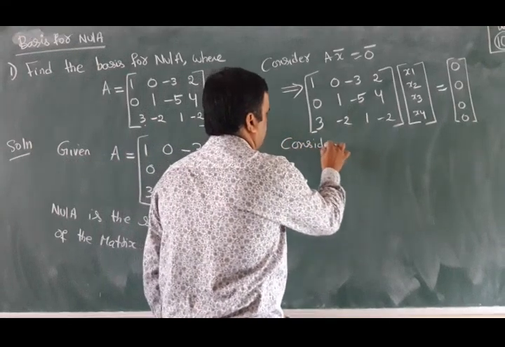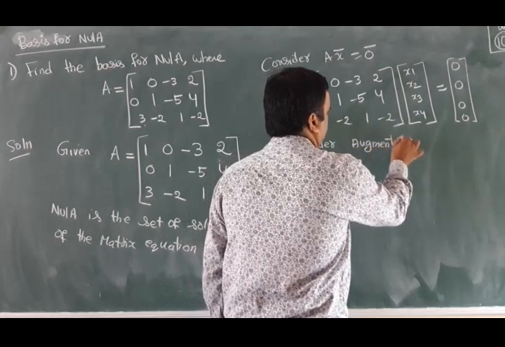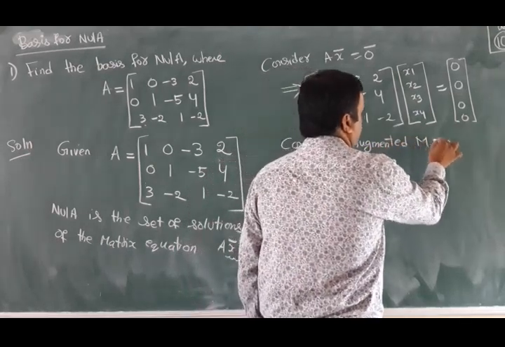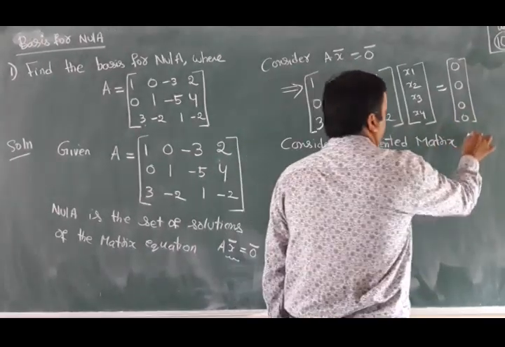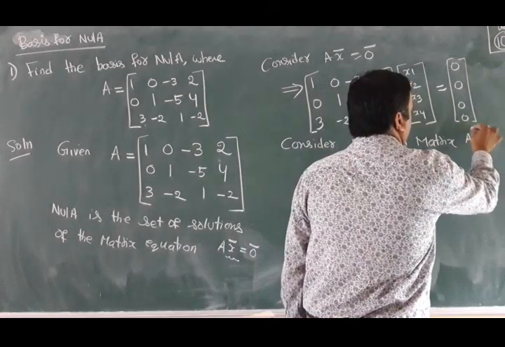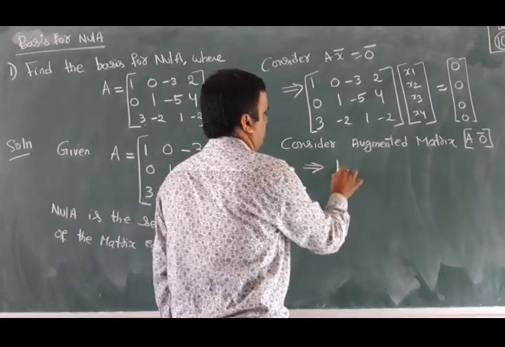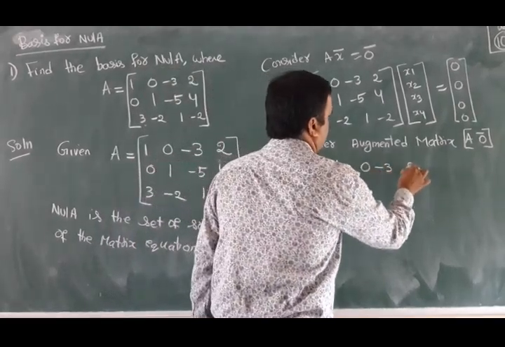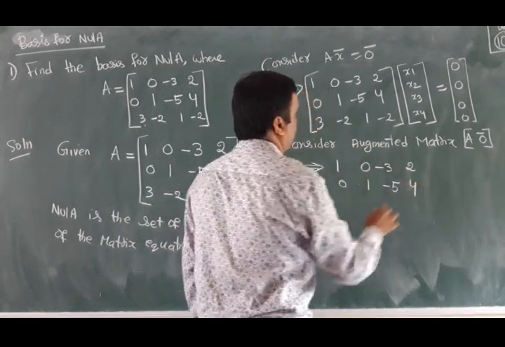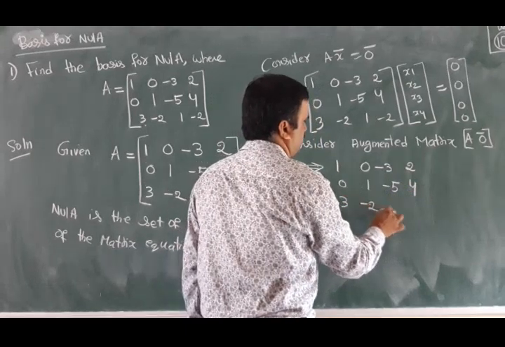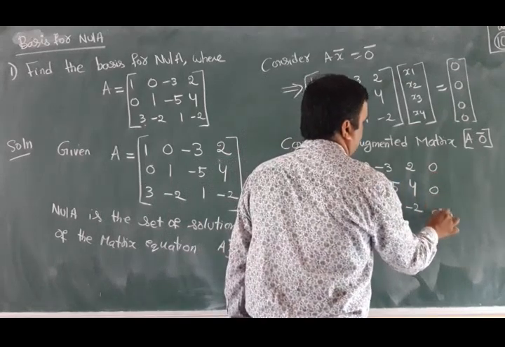Consider the augmented matrix. This is a homogeneous equation, so I consider the matrix A with 0 bar: 1, 0, minus 3, 2; 0, 1, minus 5, 4; 3, minus 2, 1, minus 2, and the zero vector 0, 0, 0.